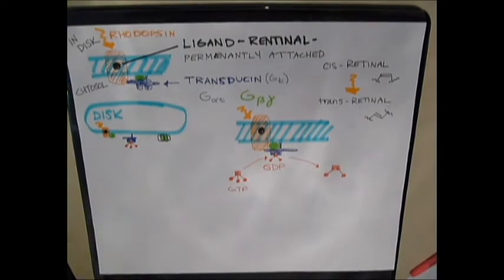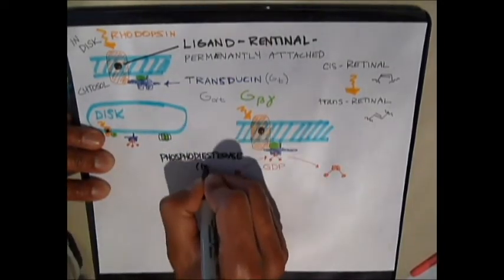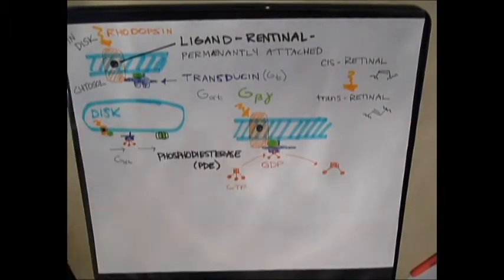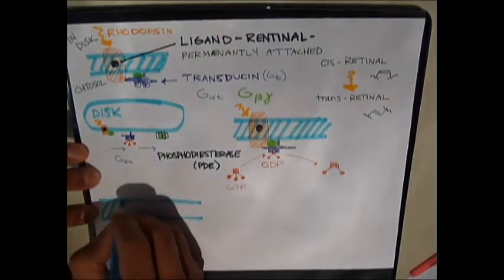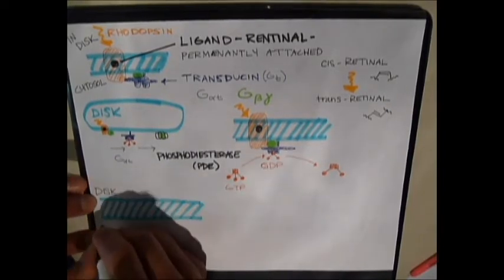It's going to cause it to go and interact with another protein on the membrane called phosphodiesterase, or PDE. This component of transducin is going to be the G alpha transducin.